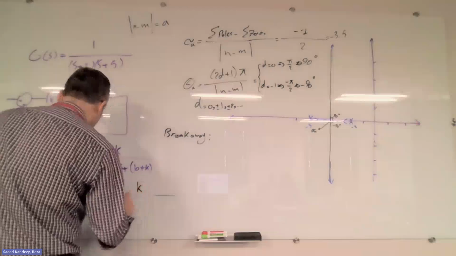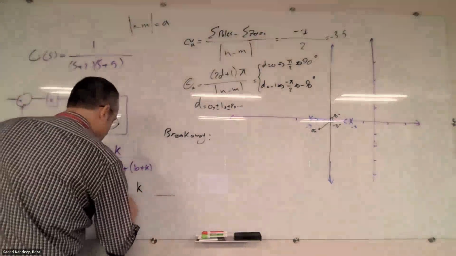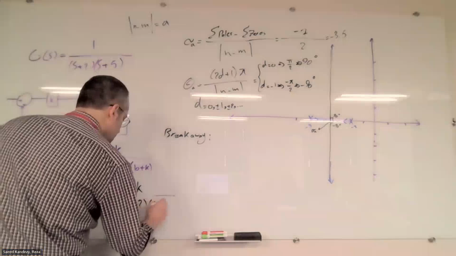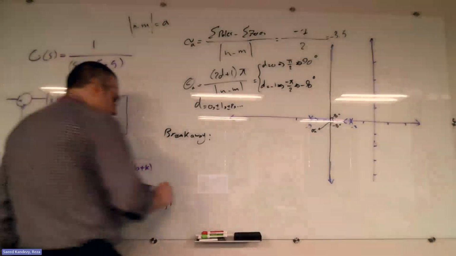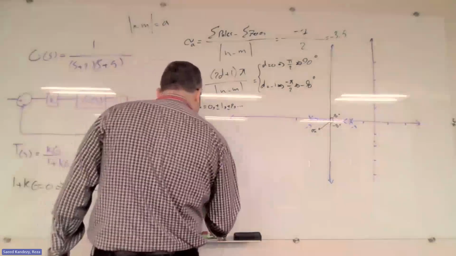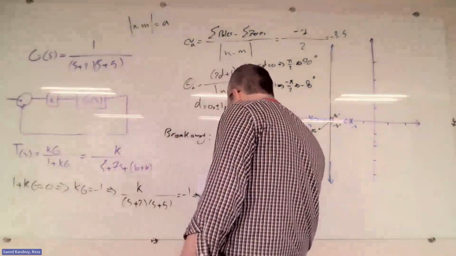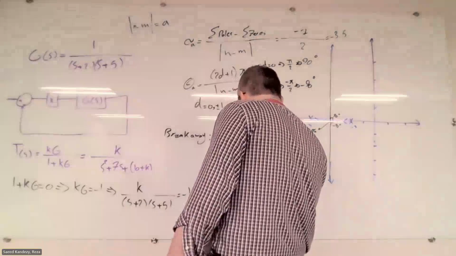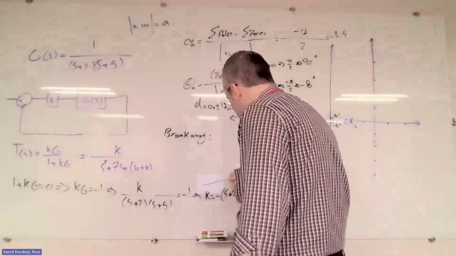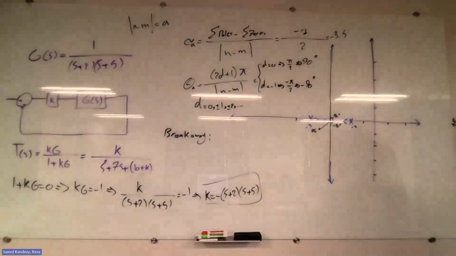KG is K over (s plus 2)(s plus 5). Are we good? So that should be equal to -1. That means K is going to be minus (s plus 2)(s plus 5). So this is the function that describes the K based on the s.